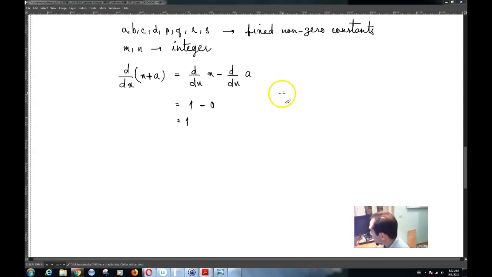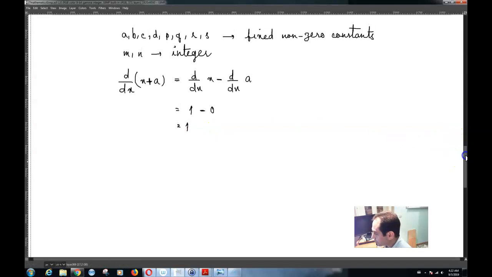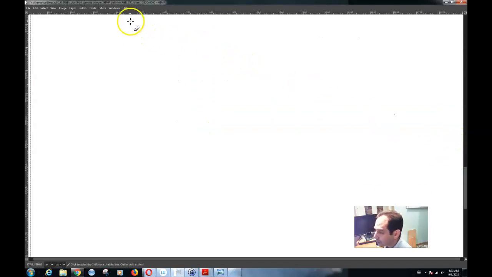suppose you want to find d by dx of (px plus q) times (r over x plus s). We said that p, q, r, and s are non-zero fixed constants, meaning they're not zero.